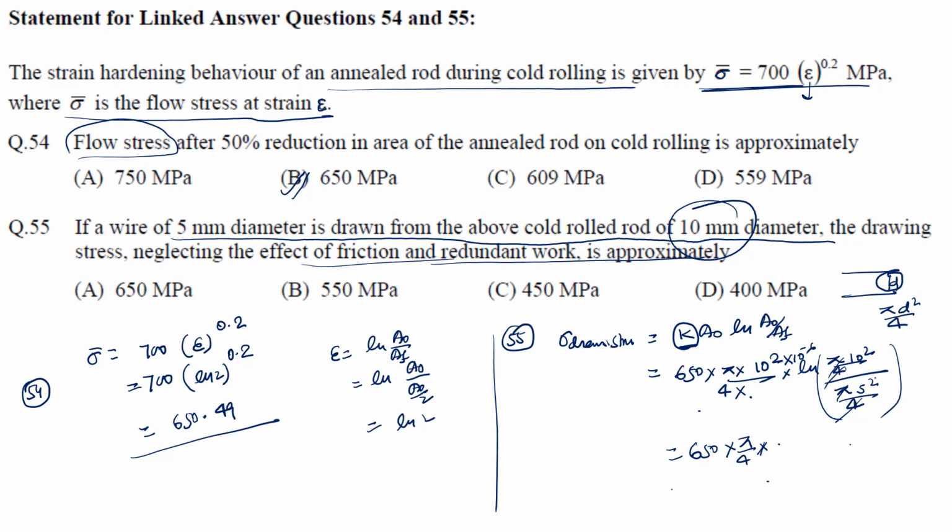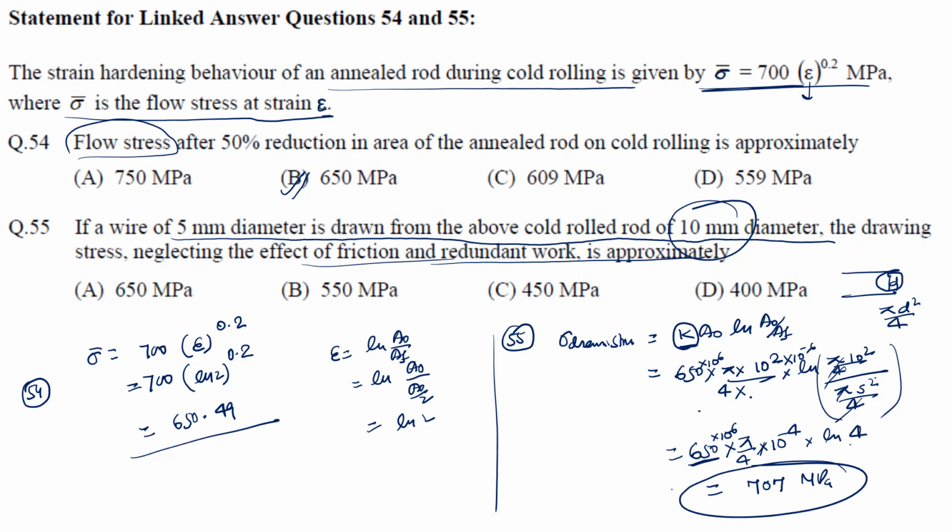Ultimately, 10 power minus 4, and since it was 650 MPa, it will be 650 into 10 power 6, into ln 4. Okay, so now if you find this, it will come around 707 MPa, right?